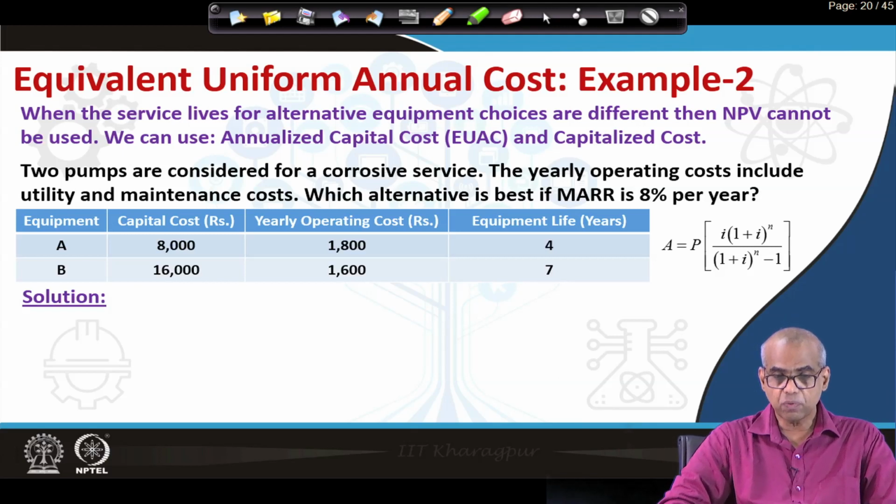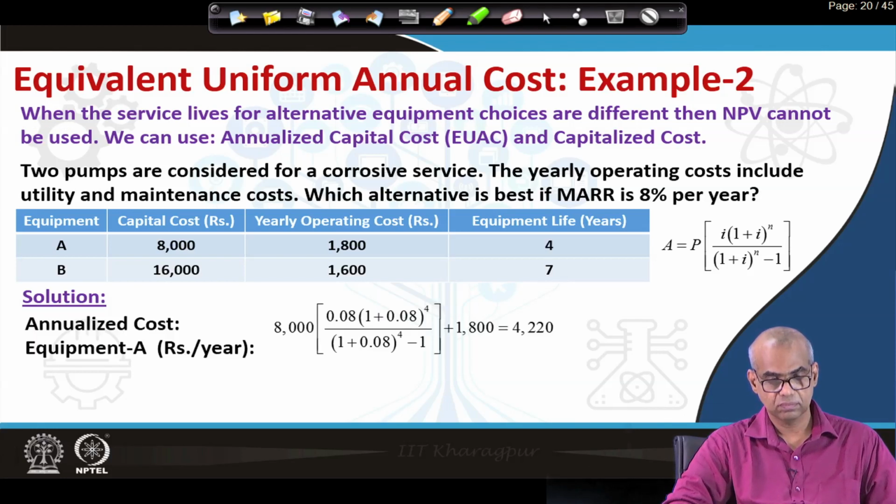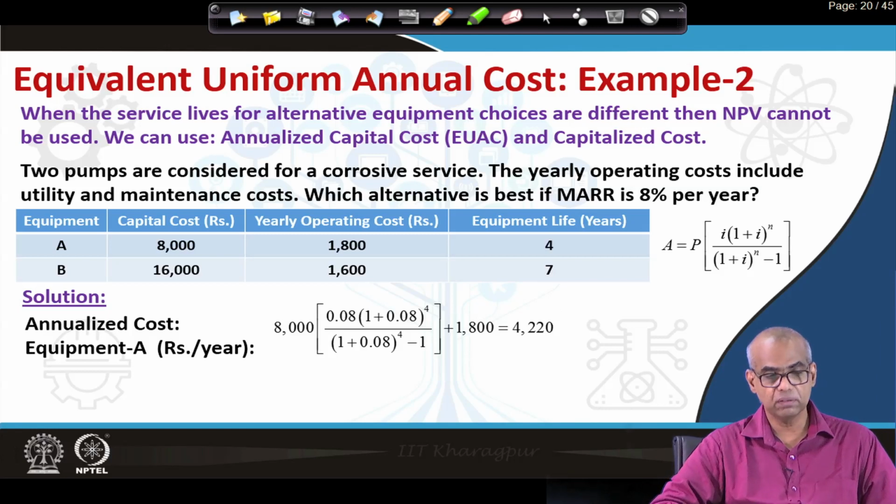Two pumps are considered for a corrosive service. The yearly operating cost includes utility and maintenance cost. Which alternative is best if the minimum acceptable rate of return is 8% per year? So, find out the annualized cost of equipment A in rupees per year.